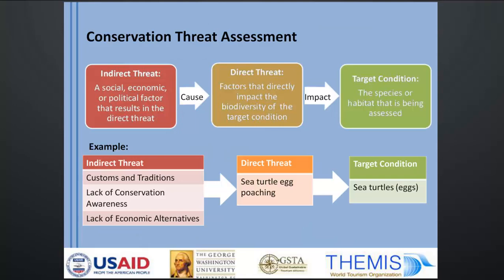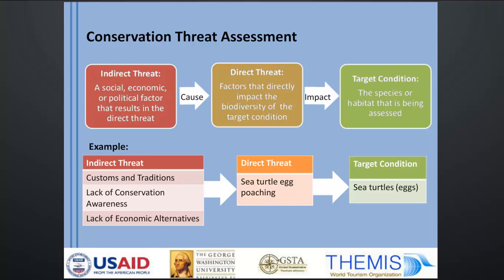Within the Solimar Tourism Conservation Models document, we talk a little bit about conservation threat assessment as well. Because before you can design a conservation strategy supported through tourism, you need to know essentially what you're trying to address with that strategy. And most of the strategies presented within the Solimar document tend to focus on anthropogenic factors, human-based factors that we often see within parks and protected areas that come from the communities themselves.